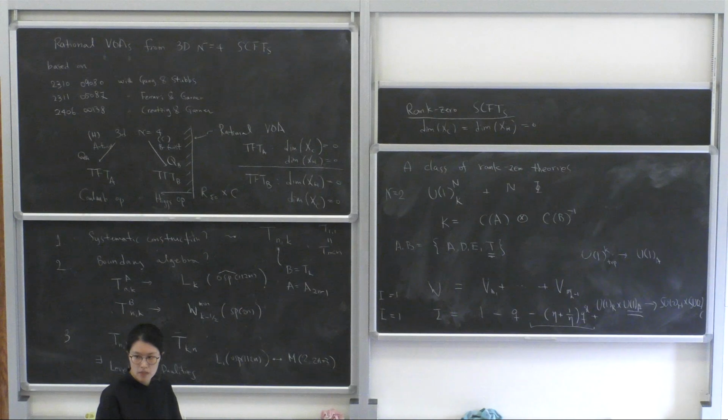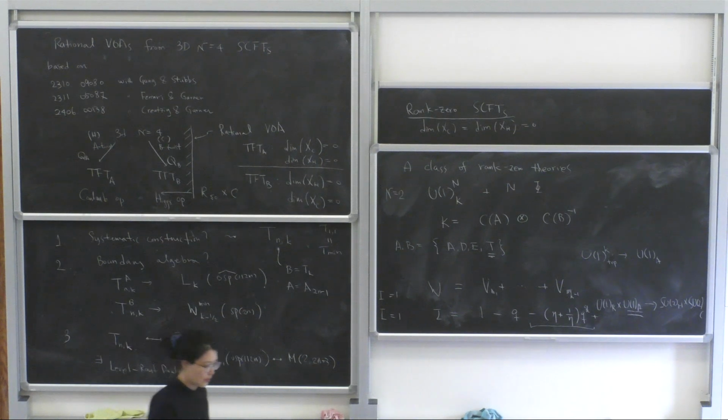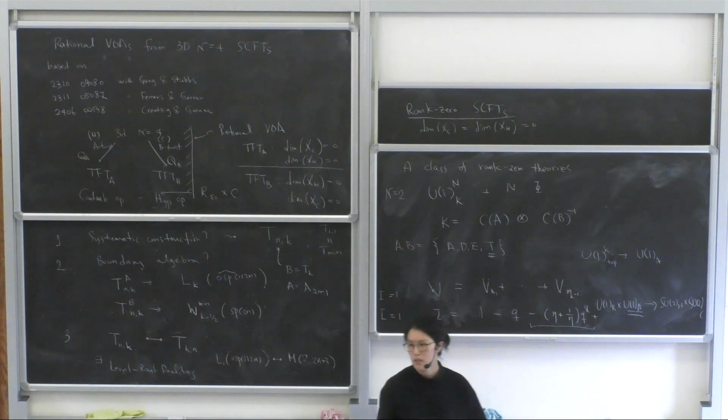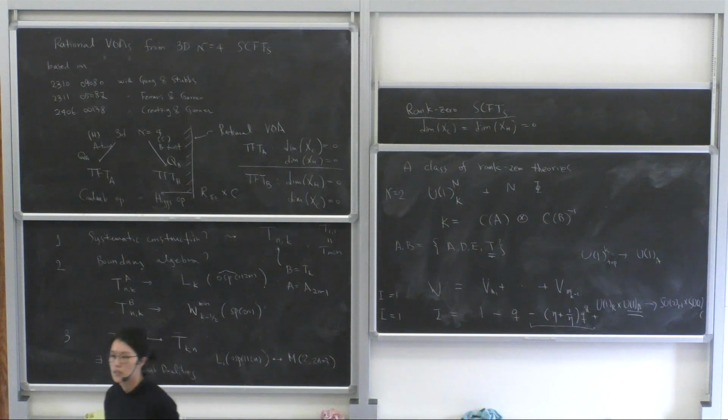I will move on. Yeah, that's important in showing the enhancements. So you are asking about the quarter-BPS monopole operator that sits in the extra current multiplet.